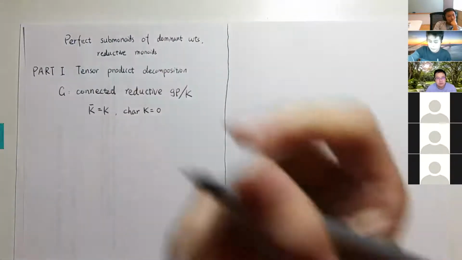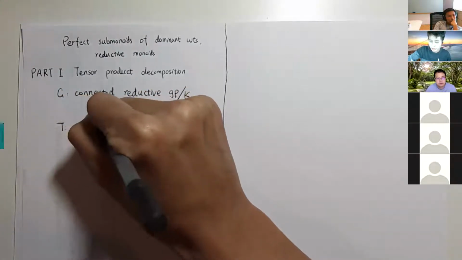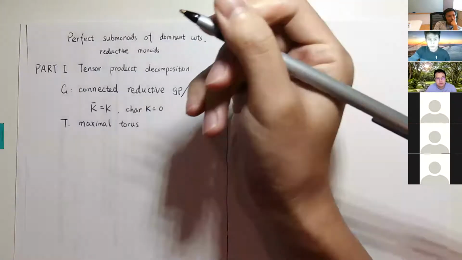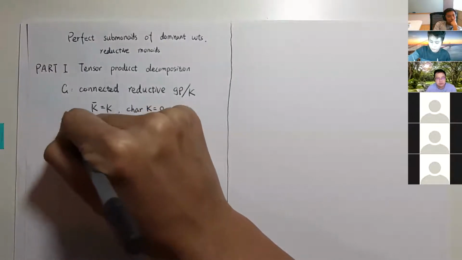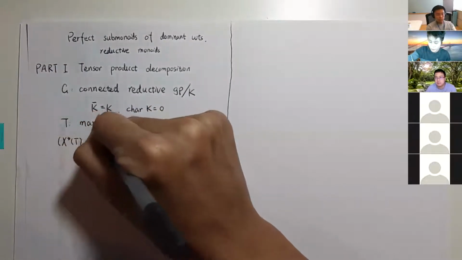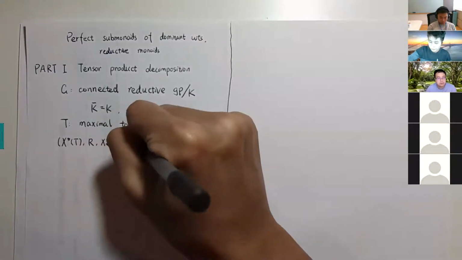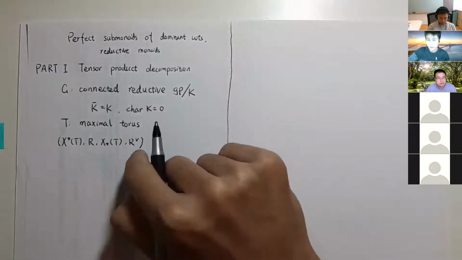We fix a maximal torus T of G, and we denote the root datum by this quadruple. So this is the weight lattice, the co-weight lattice, the roots and the co-roots.